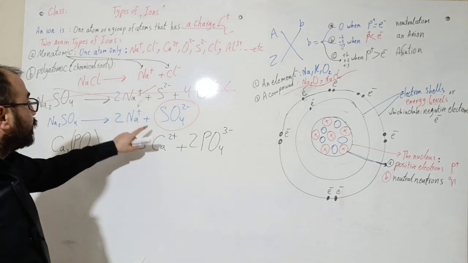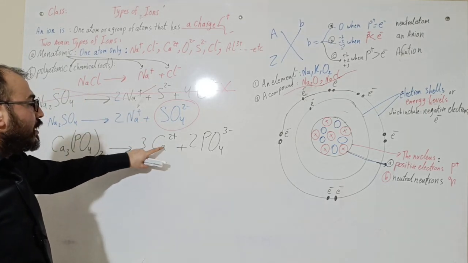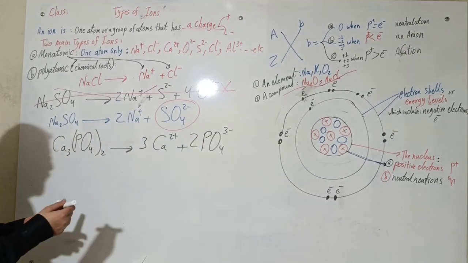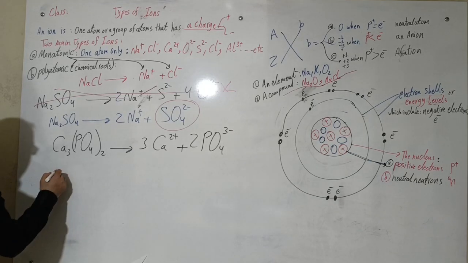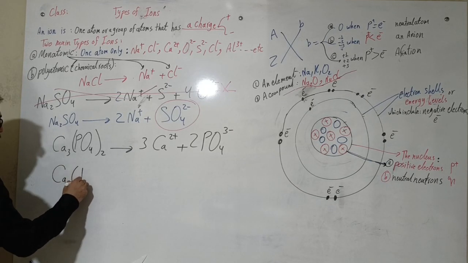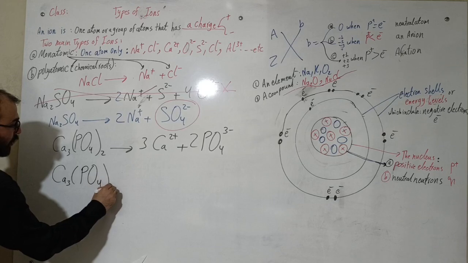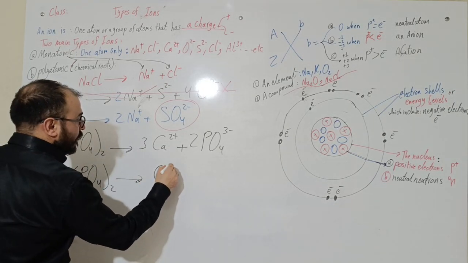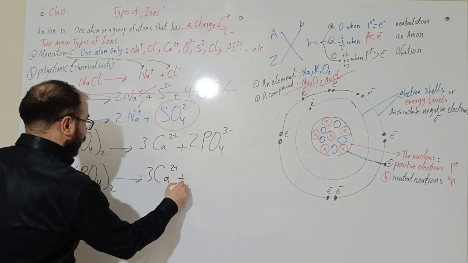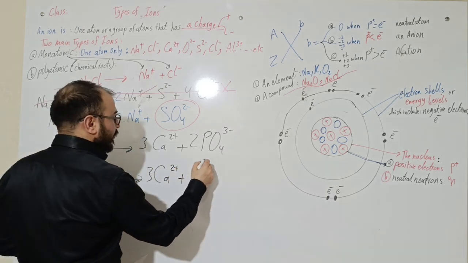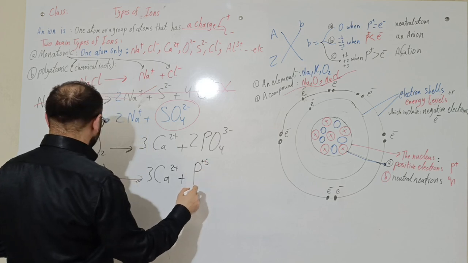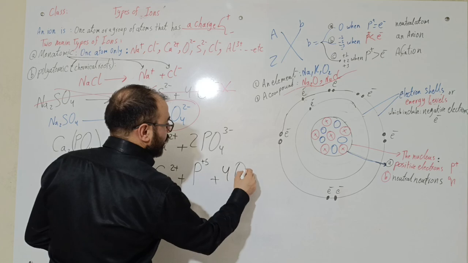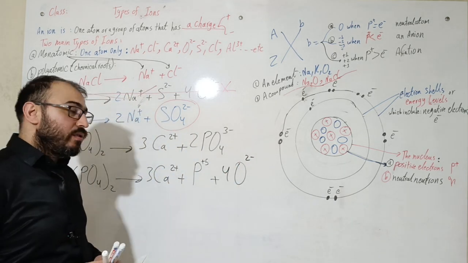While this calcium atom makes a monoatomic ion. Before that, scientists thought that this salt, or this chemical compound, could be dissolved this way: P, for example, 5 plus 4 oxygen minus 2.